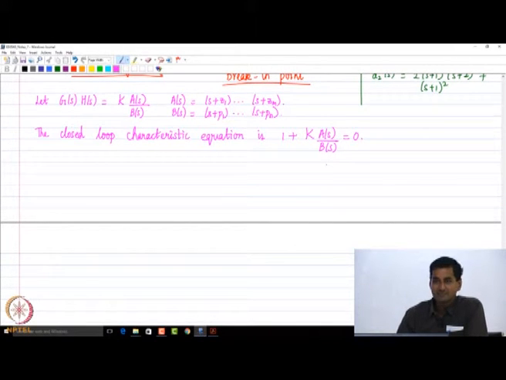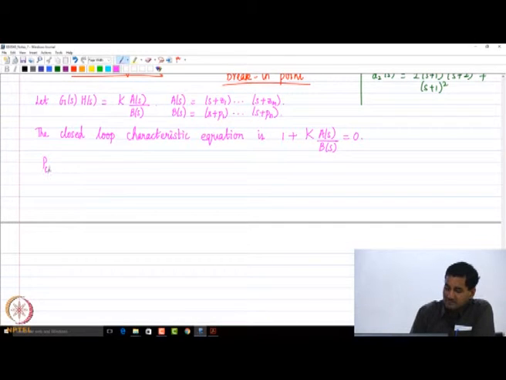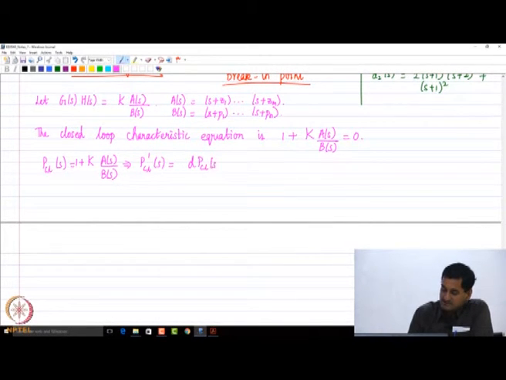Derivative is going to be 0, right? So my closed loop characteristic polynomial, let me call it P_CL(s), is of course 1 plus k a(s)/b(s), right? So this implies that the derivative, what I mean by prime is nothing but dP_CL/ds, that's the meaning.